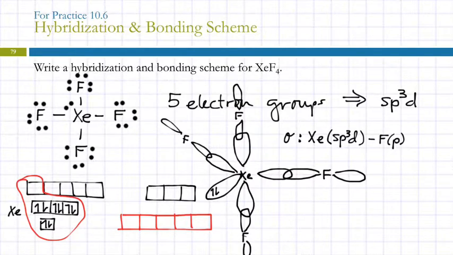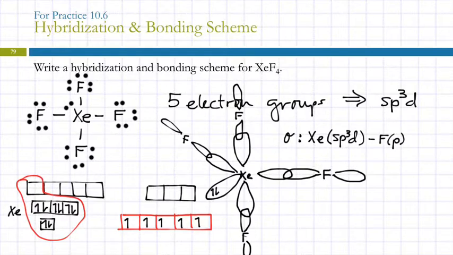So in these orbitals here, I've got these 8 electrons, right? 1, 2, 3, 4, 5. 1, 2, 3, 4, 5.